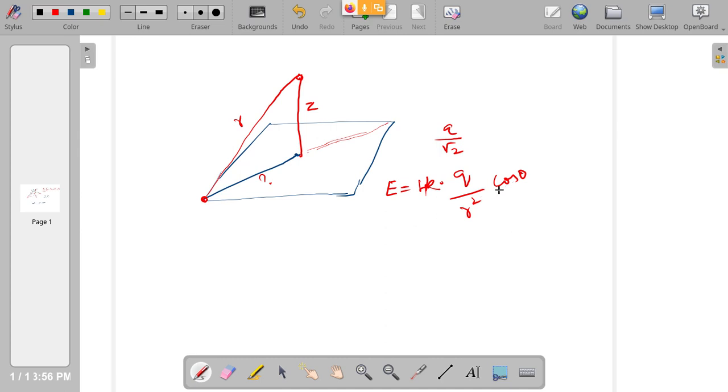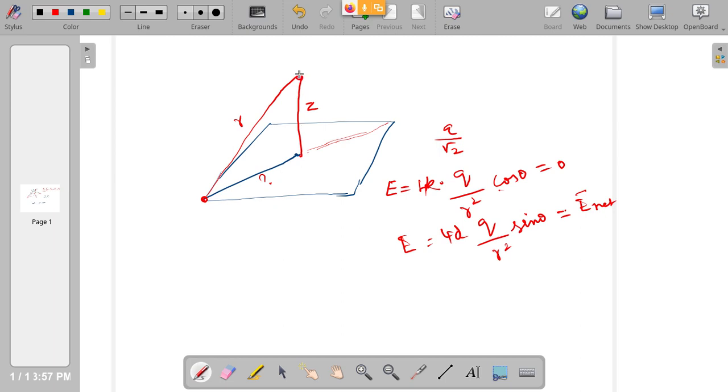So now cos theta is the horizontal component, so all the cos thetas cancel. The other component is sin theta, so all of this will add to 0, and the other one is 4kq by r squared sin theta. So all the sin thetas will add, and you will get the total net electric field. So now tell me, how will you get sin theta?